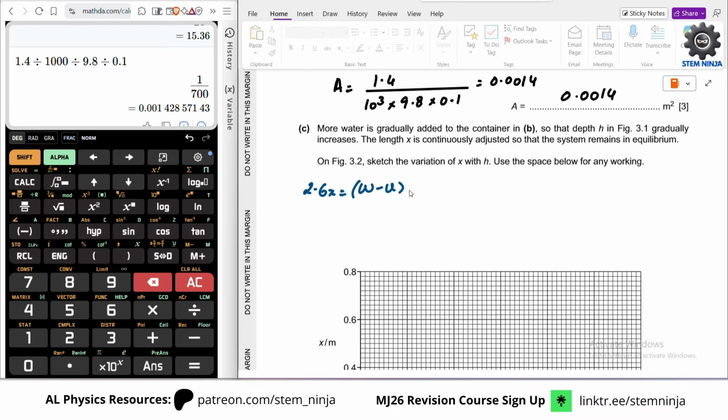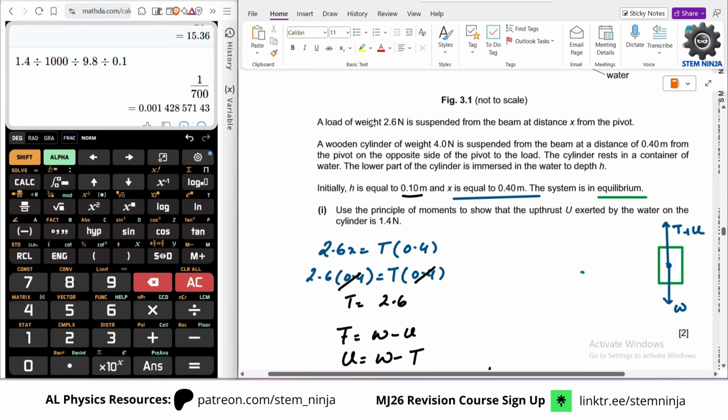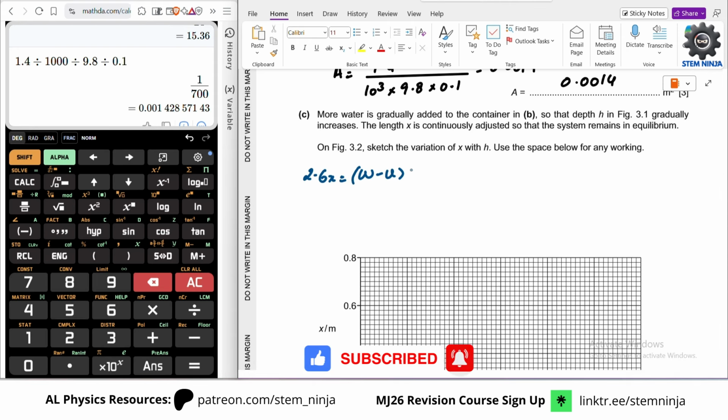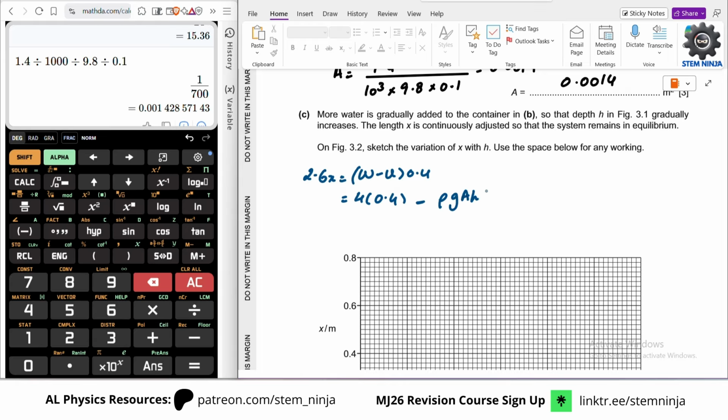What do we call this length? 0.4. And weight is constant, 4 times 0.4, and minus upthrust, rho g A h times 0.4 also.